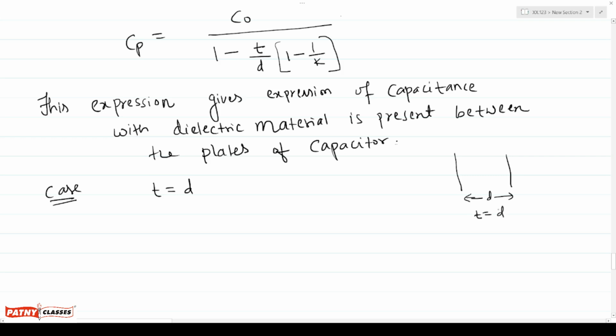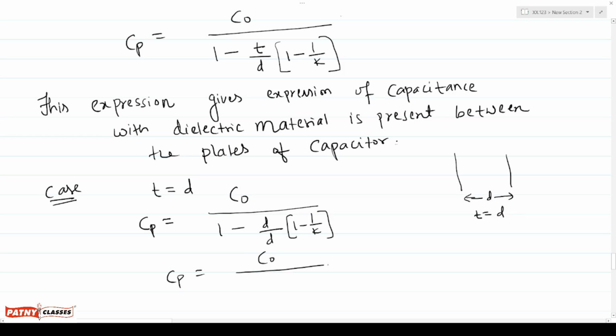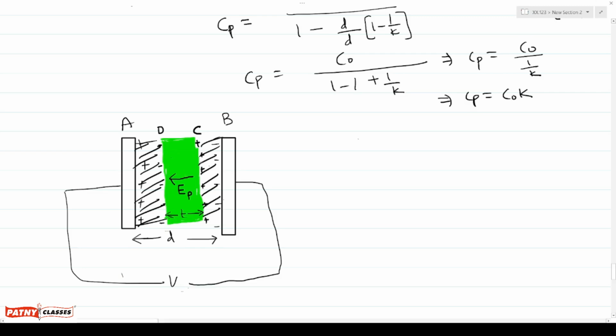So consider T equals D. In such a case, Cp equals C naught upon 1 minus D upon D into 1 minus 1 upon K. So Cp equals C naught upon 1 minus 1 plus 1 upon K, which implies Cp equals C naught upon 1 upon K, which implies Cp equals C naught K. Thus, by introducing this dielectric material of dielectric constant K, the capacitance increases by K times. So Cp equals C naught into K.